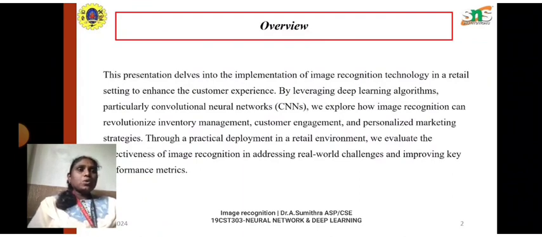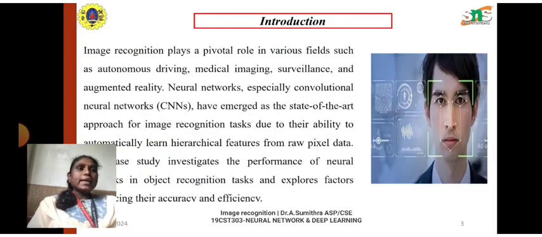The role of the convolutional neural network. The CNN is a specialized type of deep learning network designed for processing grid-like data such as images, having emerged as a dominant architecture for image recognition tasks.